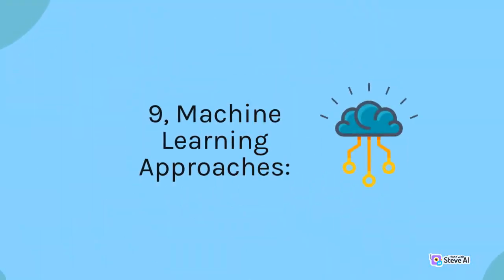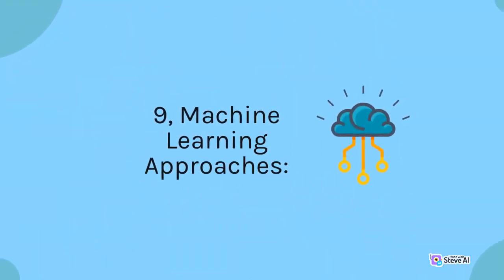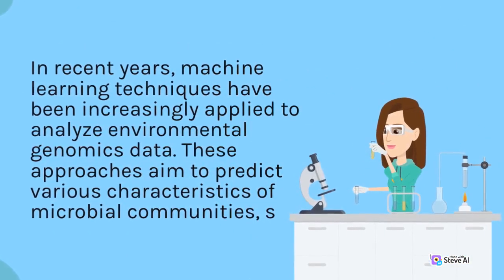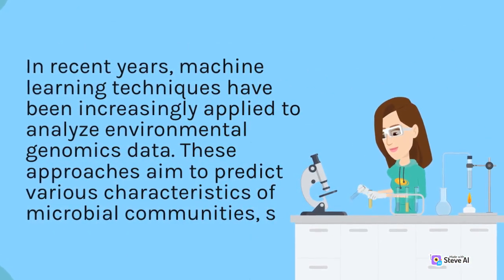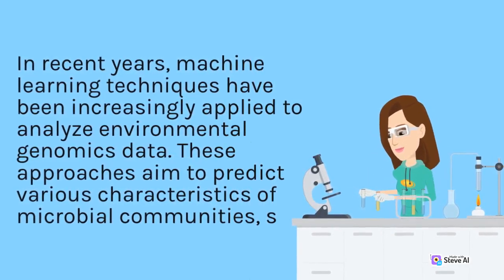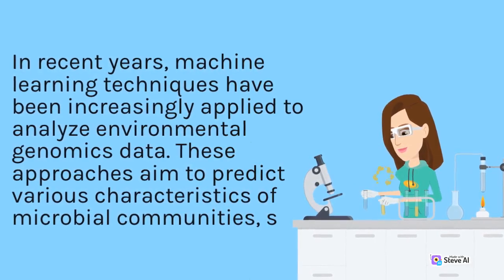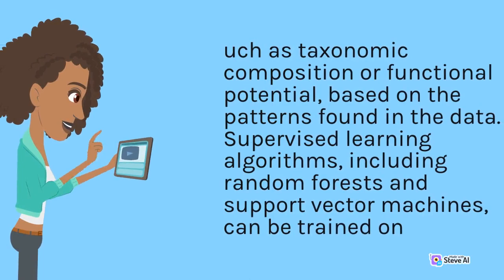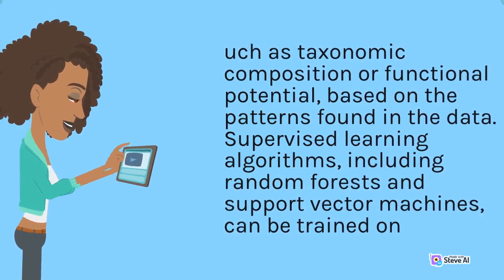9. Machine learning approaches. In recent years, machine learning techniques have been increasingly applied to analyze environmental genomics data. These approaches aim to predict various characteristics of microbial communities, such as taxonomic composition or functional potential, based on the patterns found in the data.